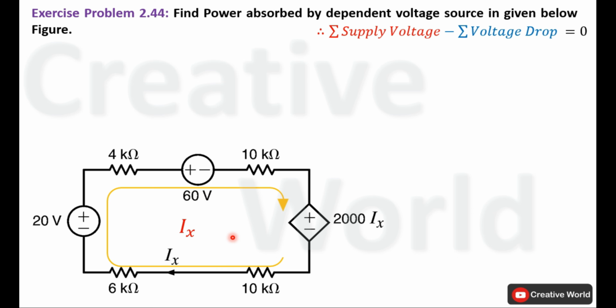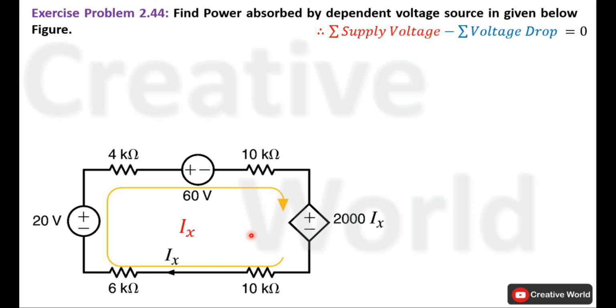If we calculate the value of current Ix, we will be able to calculate voltage across this dependent source as well, because its voltage depends upon the value of current Ix. So we will apply KVL to calculate the value of current Ix inside this closed loop.